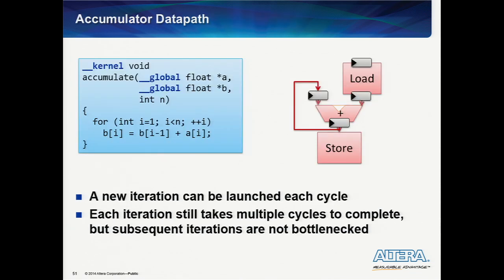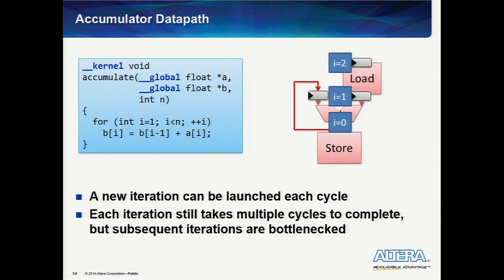So if we go back to this accumulator, this is a simplified view of what the data path is going to look like. Now we can launch a new iteration in each cycle, but overall each iteration is still taking multiple cycles to complete. And so we can see that iterations are going to flow through this pipeline, much like threads were flowing through our pipeline for the vector add.